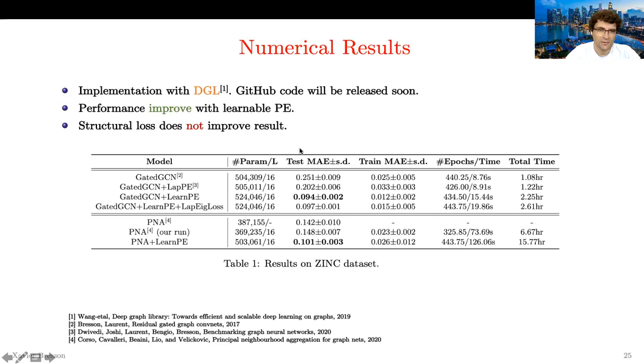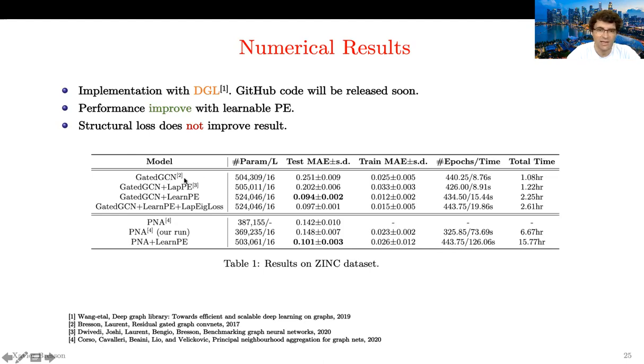Numerical results. We did the implementation using DGL, and we will release the code on GitHub soon. This column is the number of parameters and the number of layers. This is the test accuracy, the lower the better. This is the train accuracy. This is the number of epochs, the time per epoch, and the total time.